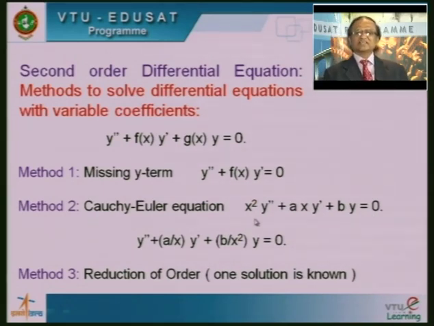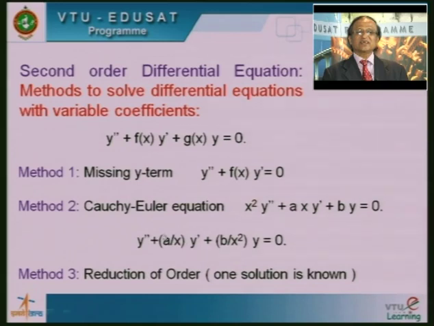If the given equation is in this form, then it can be written as y double prime plus a divided by x into y single prime plus b divided by x square into y is equal to 0. You may ask, how do we get this equation? Throughout, divide by x square. x square into y double prime divided by x square, x square cancels with x square. a into x divided by x square: the numerator contains x, the denominator contains x square, so x cancels with x.